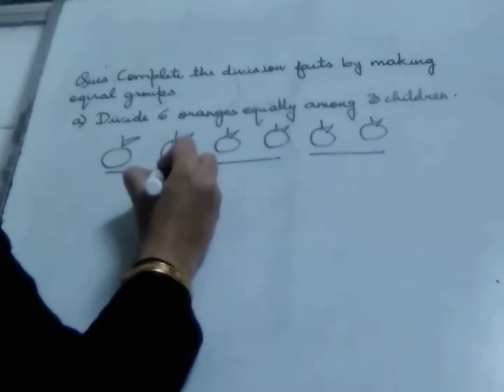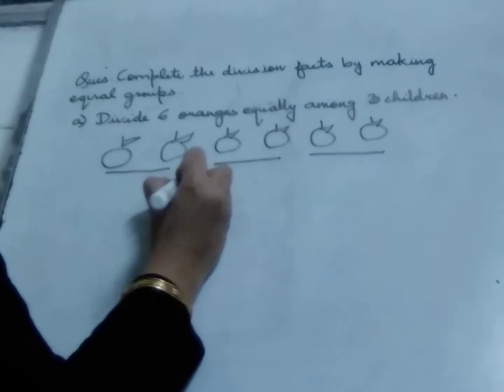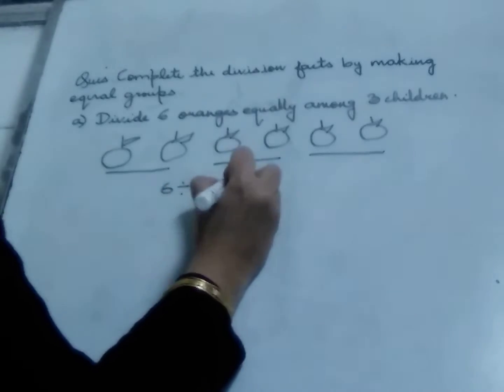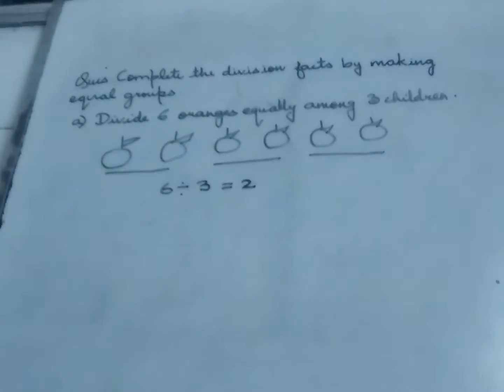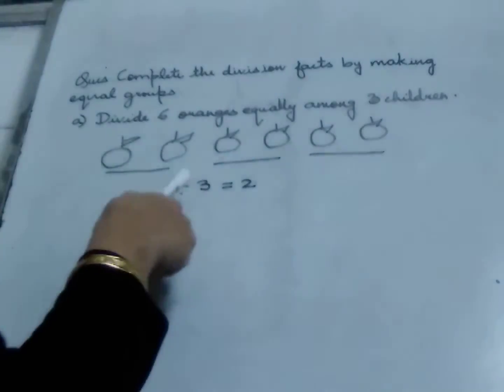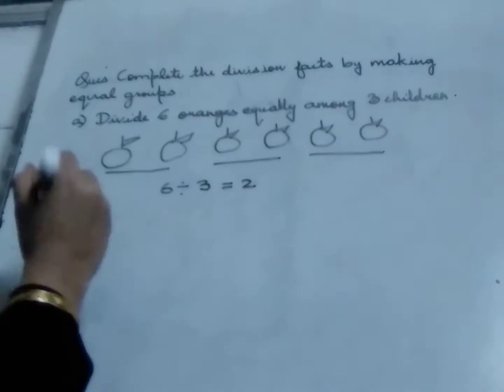So we can write it as 6 divided by 3 is equal to 2. So 6 divided by 3 is equal to 2 is a division statement.